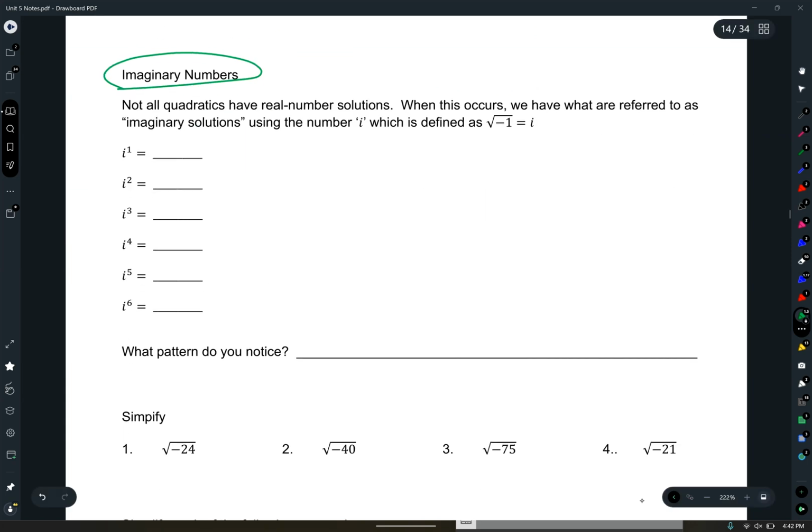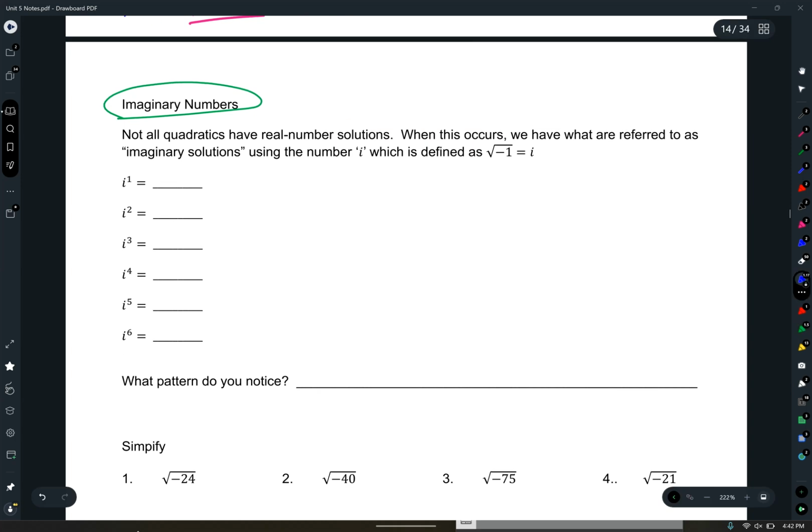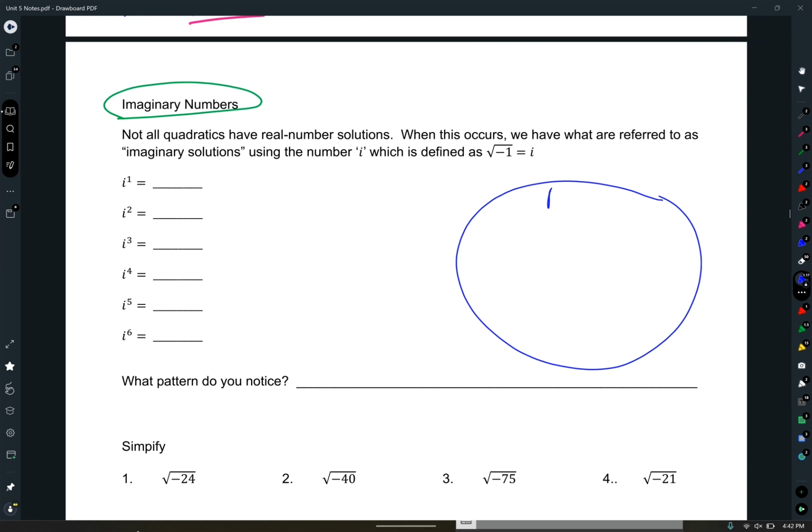So here's where we go into something really weird and strange you've never seen before. So in math, when you first learn about all the different kinds of numbers, you think about there's like this group of numbers, and we call these all real numbers.